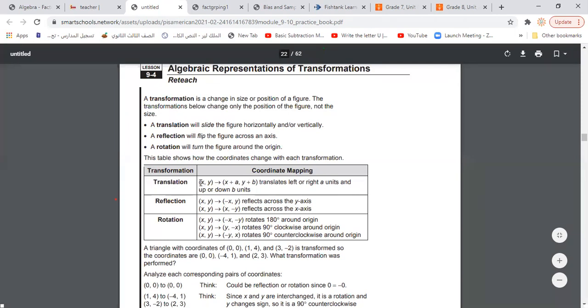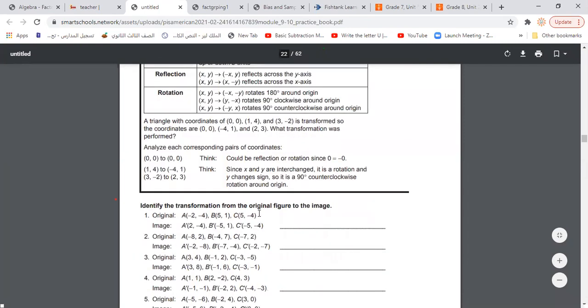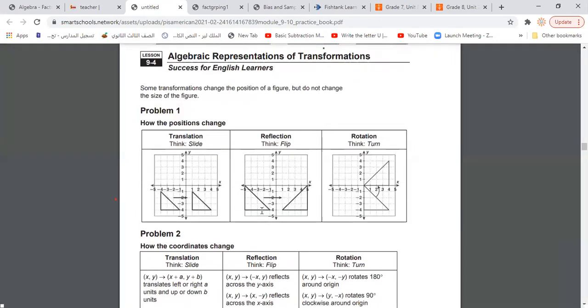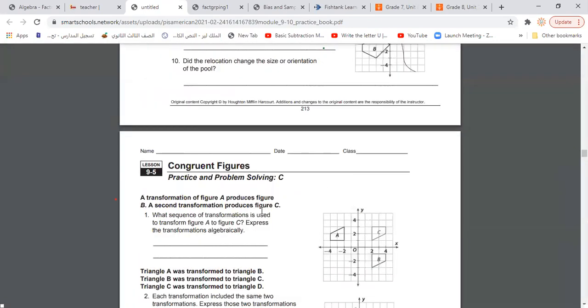If you have a translation, then you have X and Y, and for sure we have a rule: X plus A and Y plus B. And don't forget, translate left or right A units, and up or down B units. Transformations all.